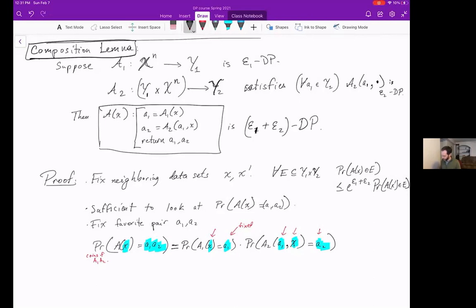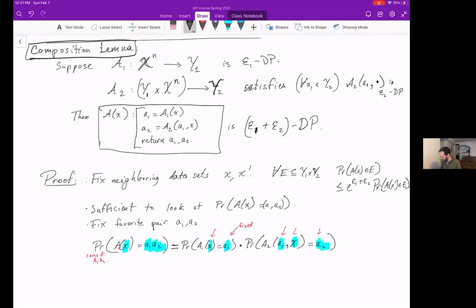And because we've conditioned on A1, effectively we've fixed a1, that allows us to break this event into a product of two separate probabilities.